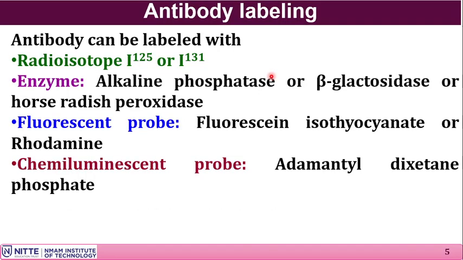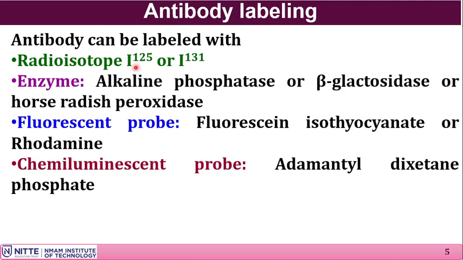Generally, the indicator labels that are used for developing the kits are as follows. As far as radioisotope is concerned, predominantly it is I-125, which is a radioisotope, or I-131. I stands for iodine.